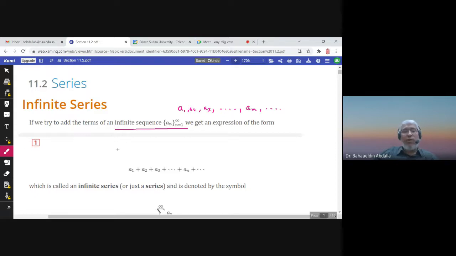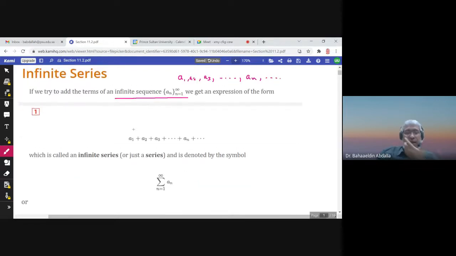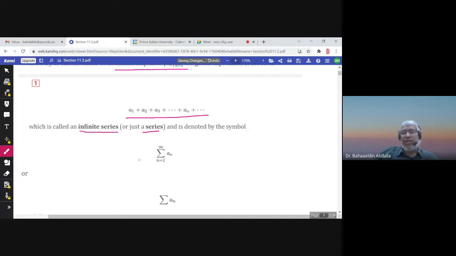Now, if we add the terms of the infinite sequence, so if we add a1 plus a2 plus a3 plus, then this infinite sum is called an infinite series or just a series. So when we say series, we mean infinite series.